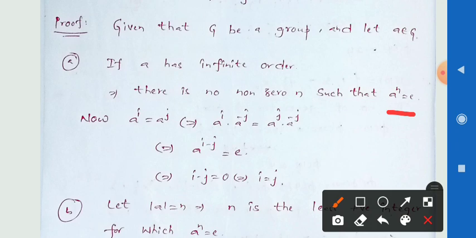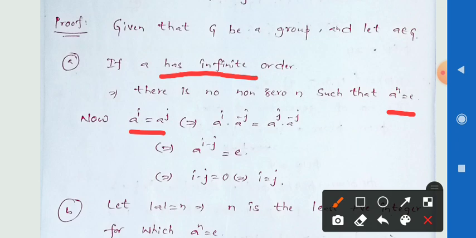Now we have, if A has infinite order and a power i is equal to a power j, we have to show that i is equal to j. This is the if and only if condition: if a power i equals a power j, we show that i equals j.